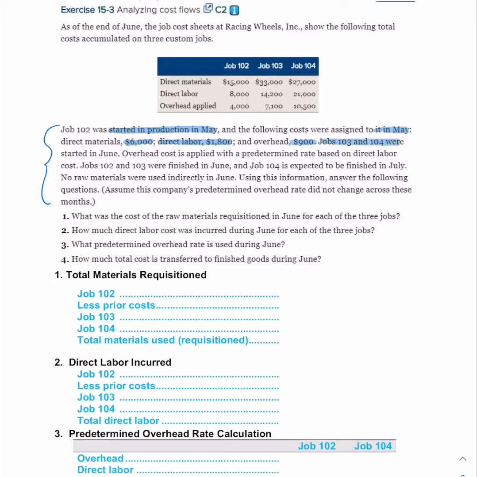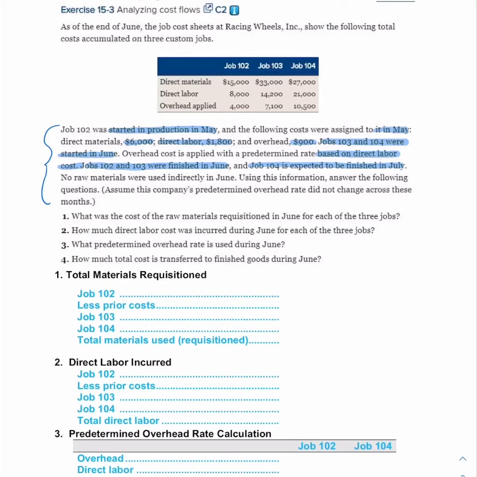Jobs 103 and 104 were started in June. Overhead cost is applied with a predetermined rate based on direct labor cost. So based on direct labor cost. Jobs 102 and 103 were finished in June, and job 104 is expected to be finished in July. No raw materials were used indirectly in June. Using this information, answer the following items.